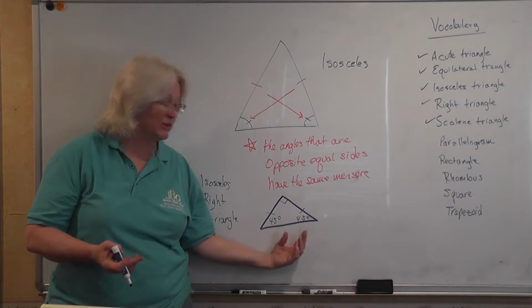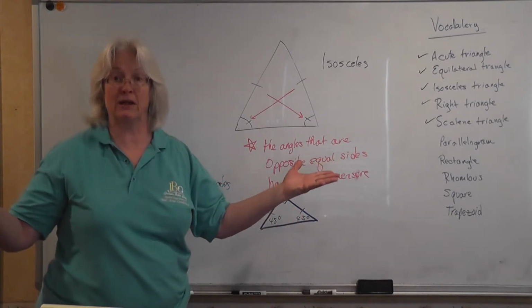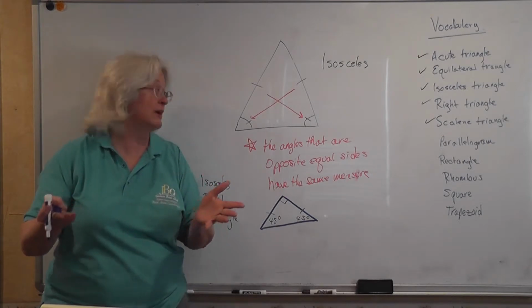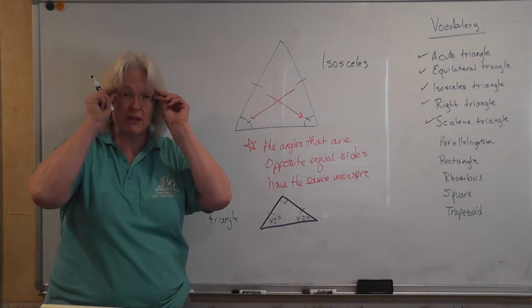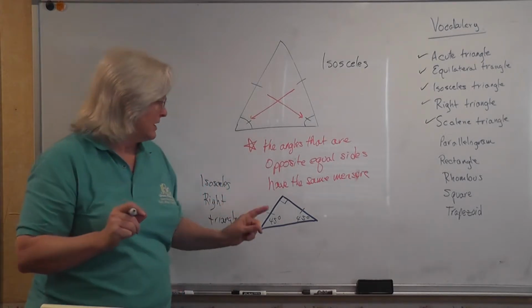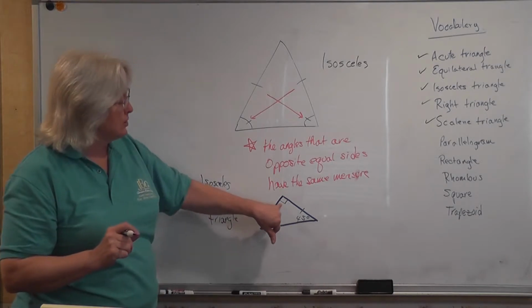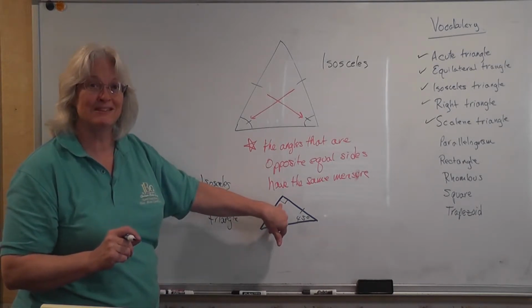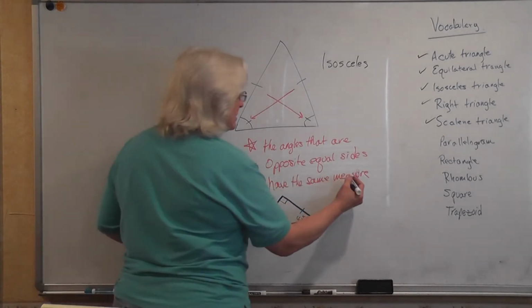So how do I know that those are both 45-degree angles, and why can't they be 50-degree angles? You know, two 50-degree angles, because it just says they have to have the same measures. Well, the reason that you know that these are both 45-degree angles is because one of those angles is a 90-degree angle. You already know the right angle is 90 degrees.